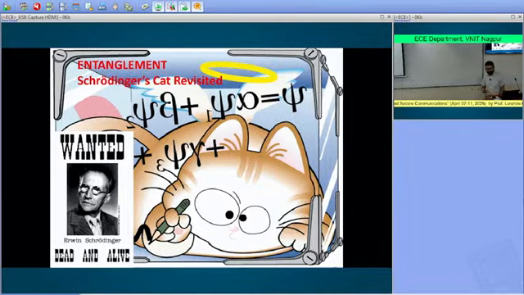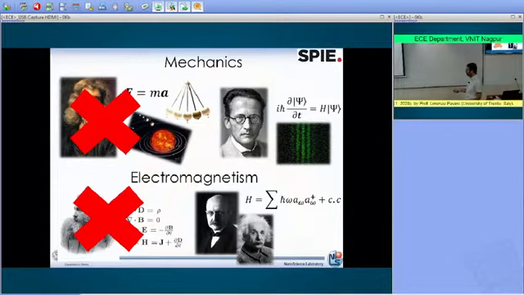To describe those phenomena, we use the theories developed by Schrödinger, Planck, Heisenberg, Einstein, and so on, at the start of the 20th century.